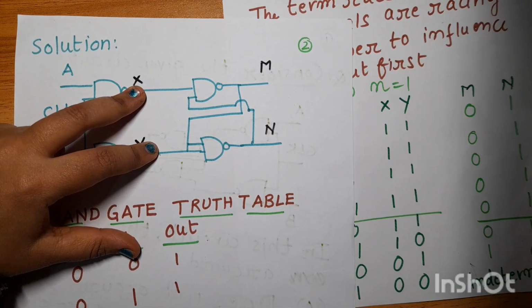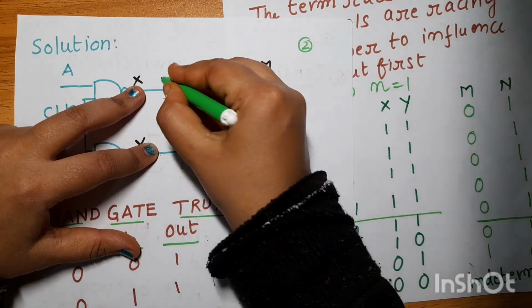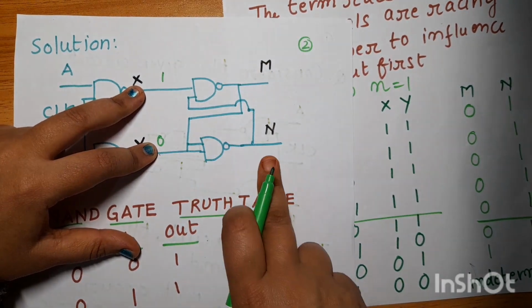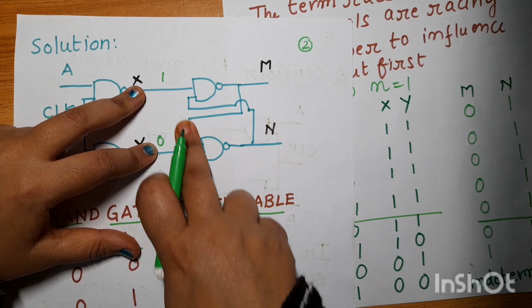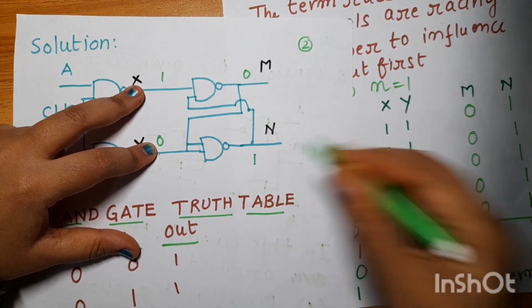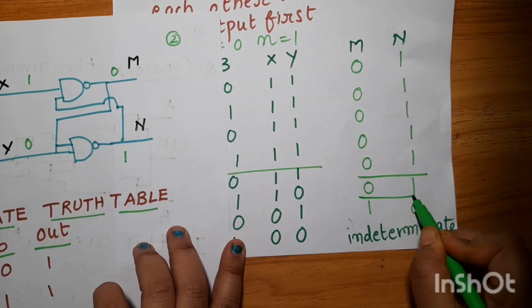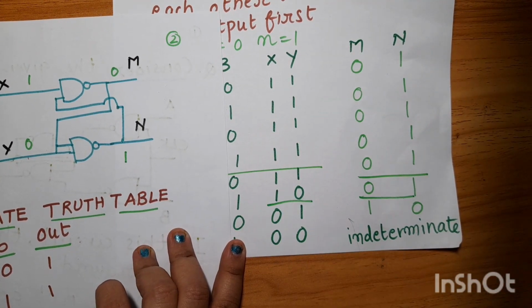So it is 1, 0. This 1 would go here, 1, 1 would make it 0 and 0, 0 would make it 1. So again it would retain the old value of 0, 1. So till this point it is clear.